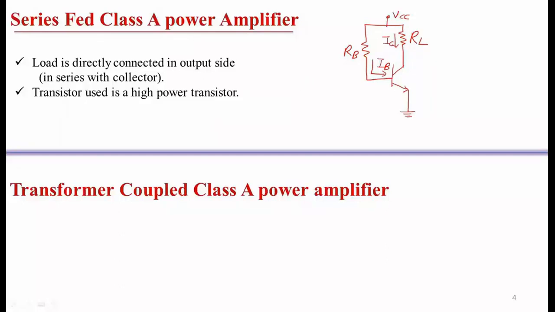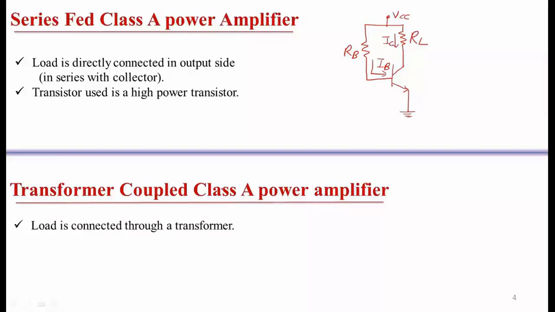Now let's discuss the transformer coupled Class A amplifier. In the transformer coupled Class A amplifier, the load is connected through the transformer. So let's draw the circuit for that. Here we have the transistor.